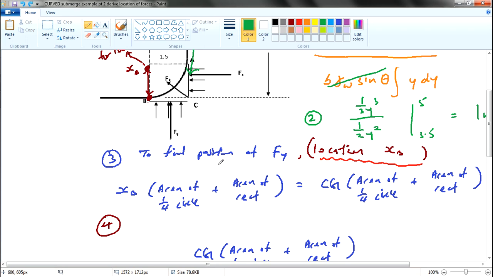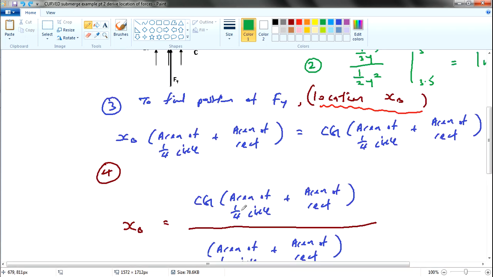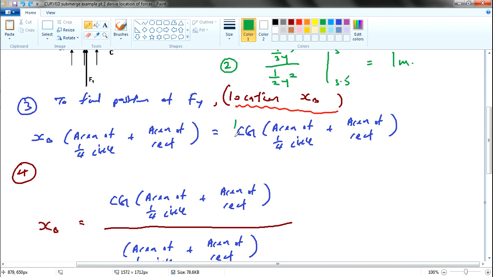And then the concept of CG: we have to multiply it into the area. So this is a different shape. You're just multiplying the CG of the shape. Let's say the CG of this quarter circle multiplied by the quarter circle area, and then the CG of the rectangle multiplied by its area, and then you sum it up, you'll get some resultant CG over here.